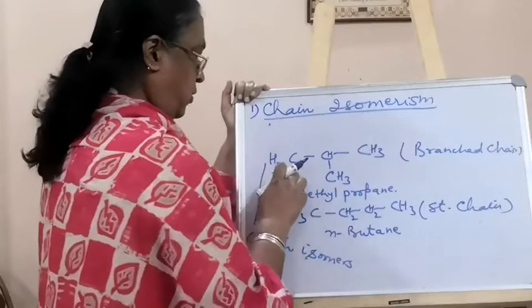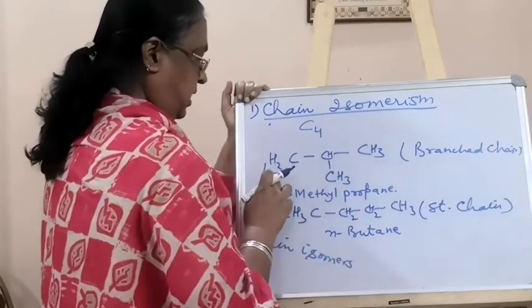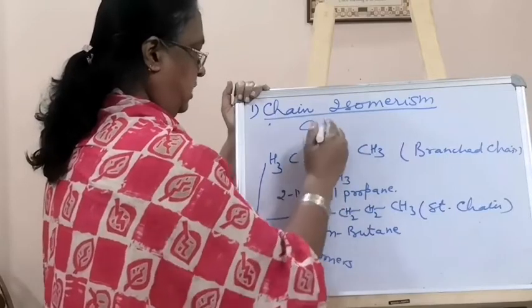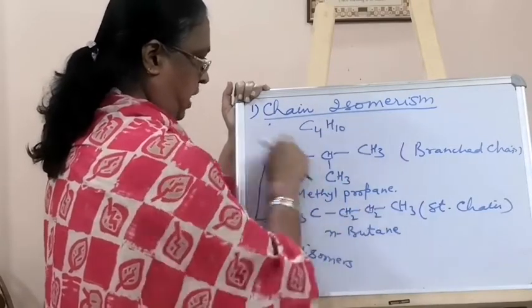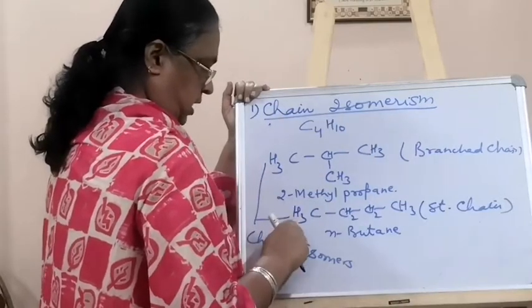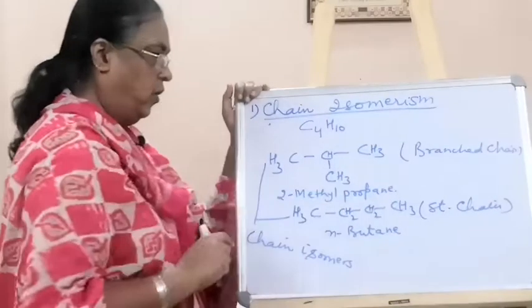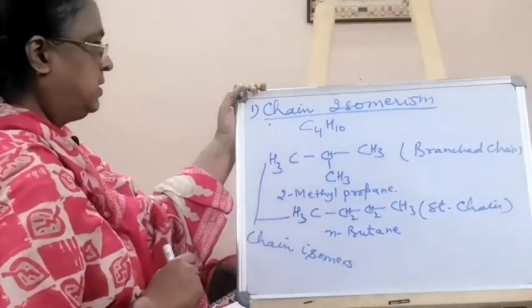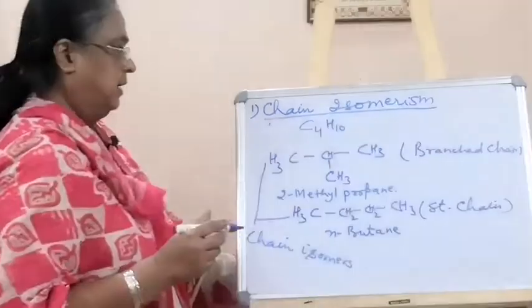If you see their molecular formula, we have 4 carbon, hydrogens are 3, 3, 6, 3, 9 and 1, 10. Here also 4 carbon, hydrogen 3, 5 and 5, 10. So molecular formula is same, but the structural formula is different due to the difference in the chain.